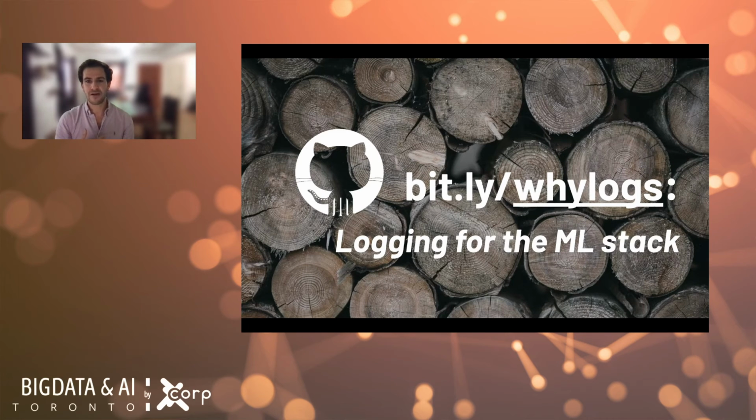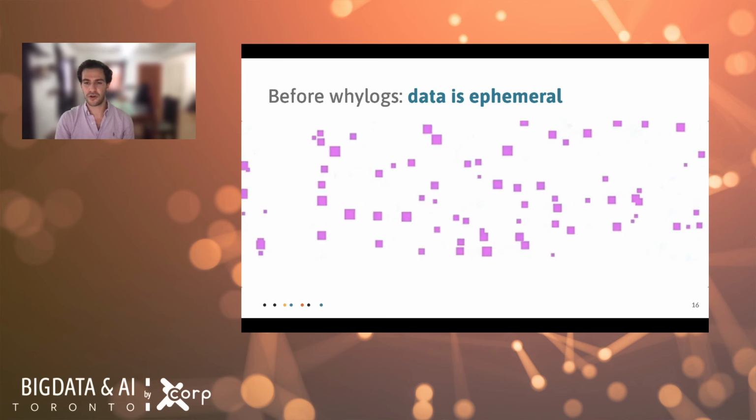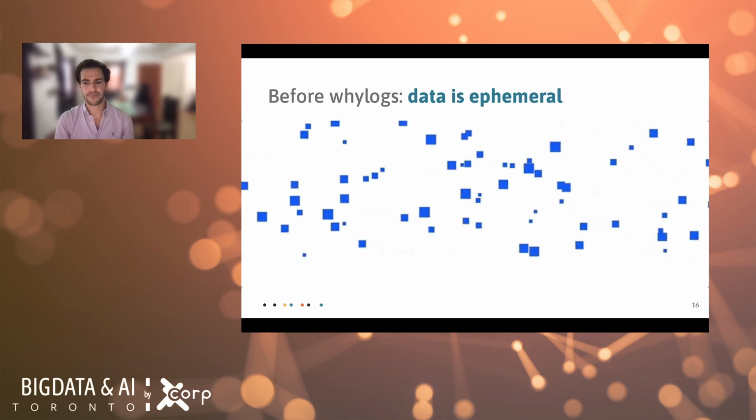It's a library that implements profiling, this statistical technique that I described earlier, in order to generate logs out of data. And those data logs can be used for a number of different things. It can be used for data ops, it can be used to do data quality assurance, and a lot of other things. But it's built by machine learning engineers for machine learning engineers, and the original intention was using it for ML monitoring. So this is a little description of the YLogs project.